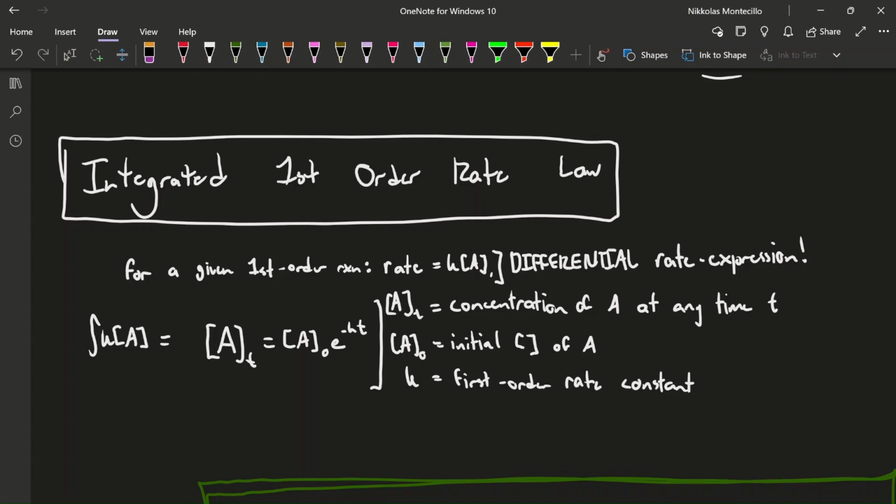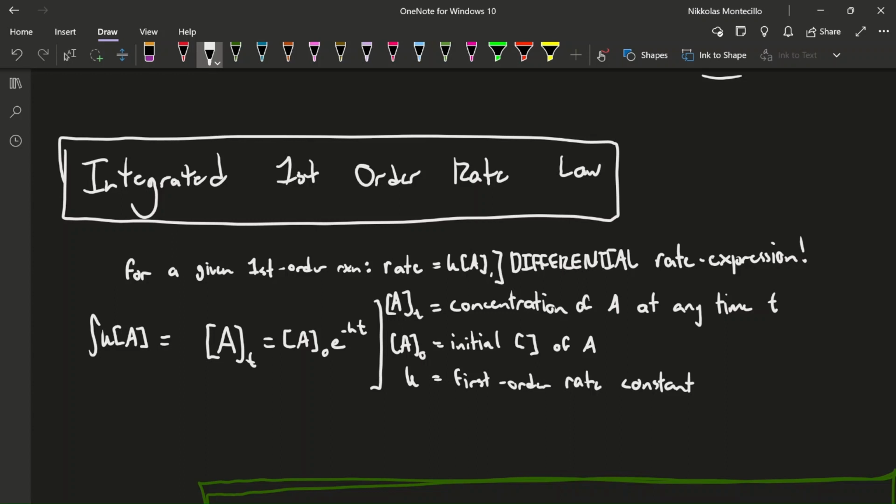The integration of this rate law will give you the concentration of A at any given time t, which is equivalent to the initial concentration times e to the power of negative kt.